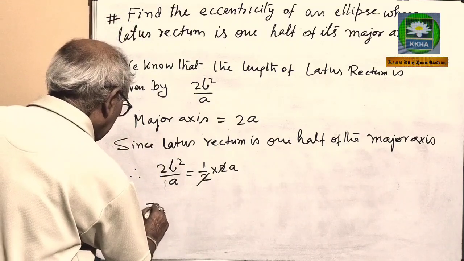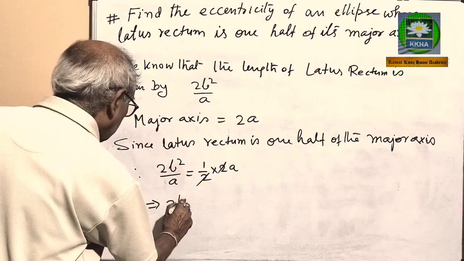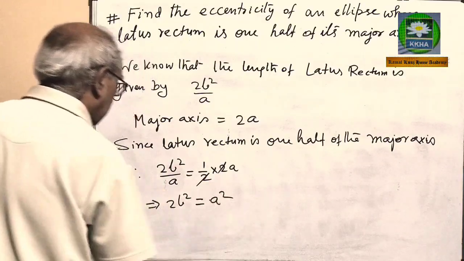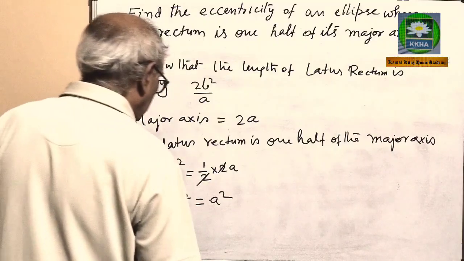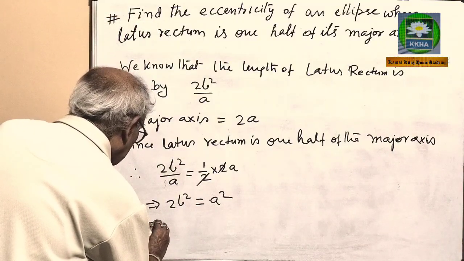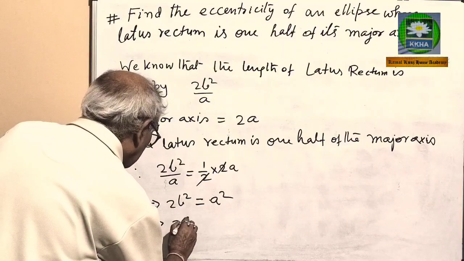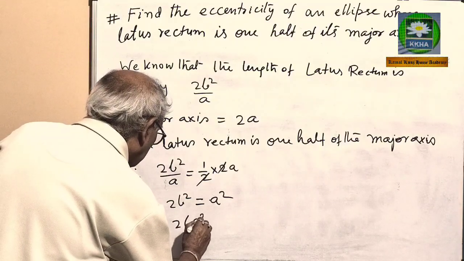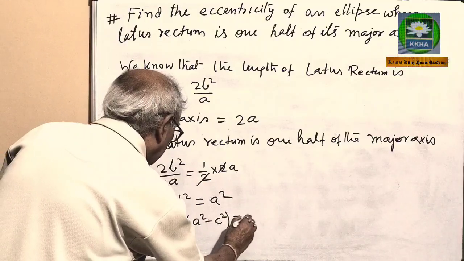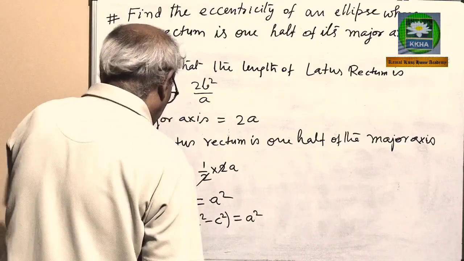This implies that twice b square equals a square. This implies that twice a square minus c square equals a square.